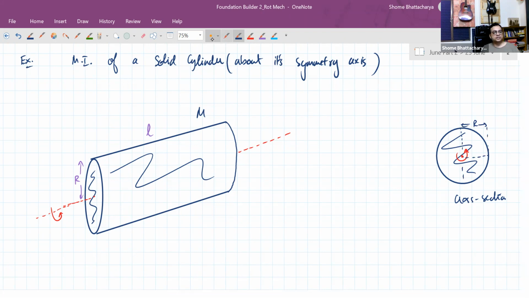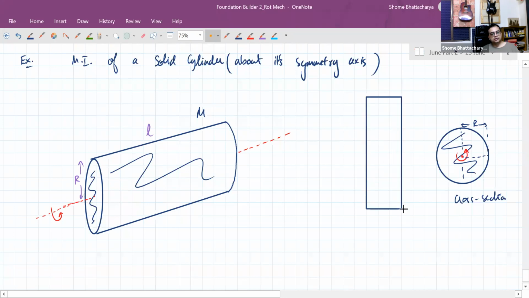Whereas if you see the top view, what you would understand is this is actually the curved surface like this, or cross section like this. This is the axis of rotation.